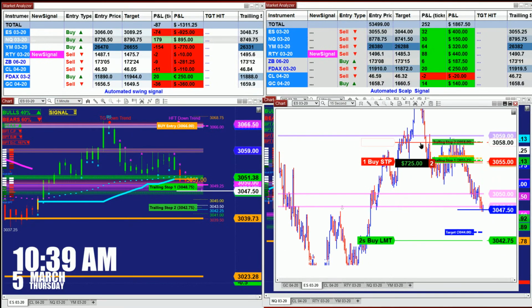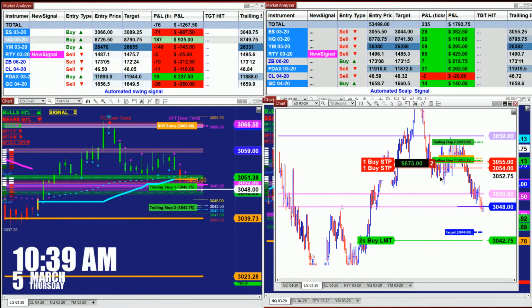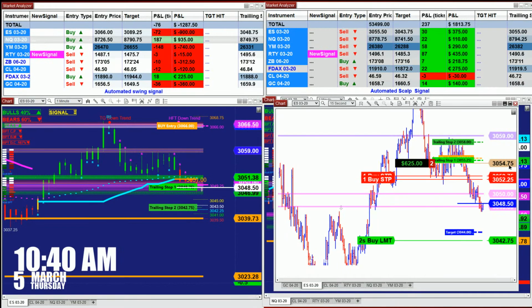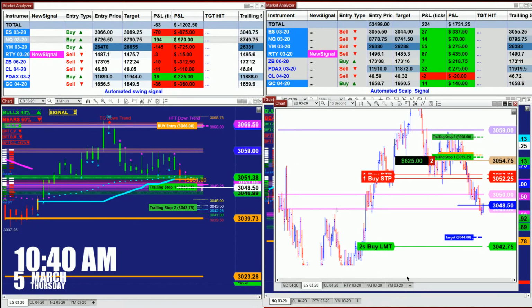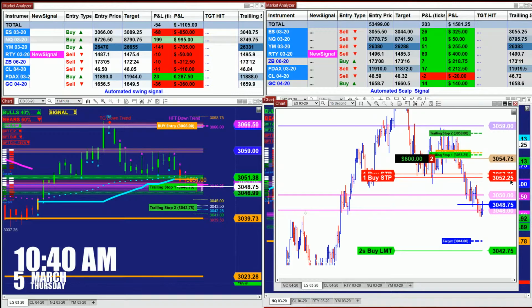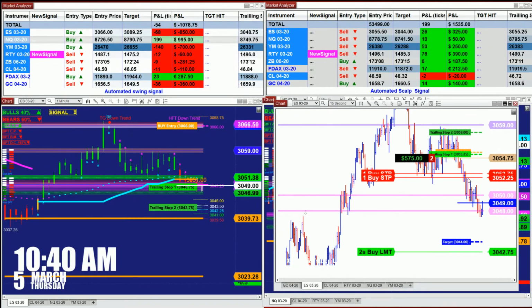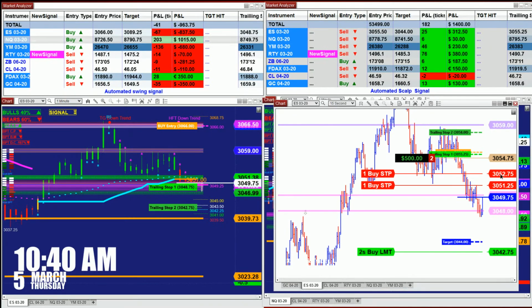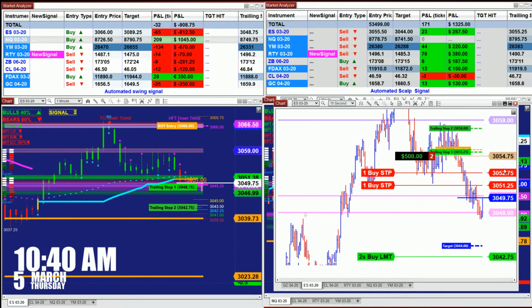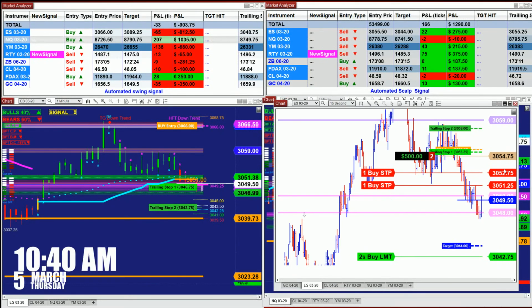Maybe we need to drag those trailing stops, cover some of the profit, because this market is turning back and forth all the time. So at least we can secure some of the profit, and maybe we can take it a little bit tighter because of this volatility today. So there we go. We have secured a bit out of it.